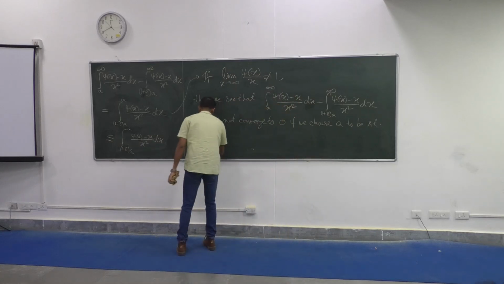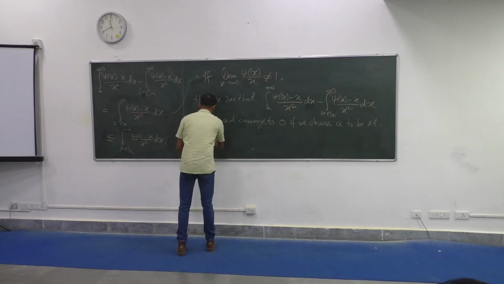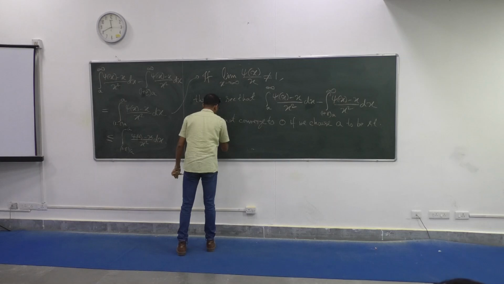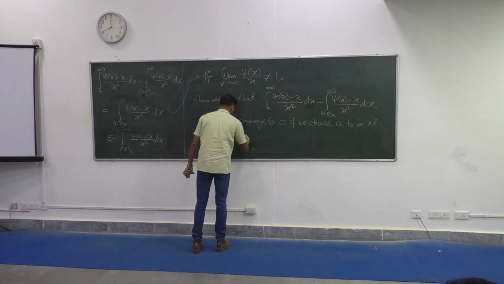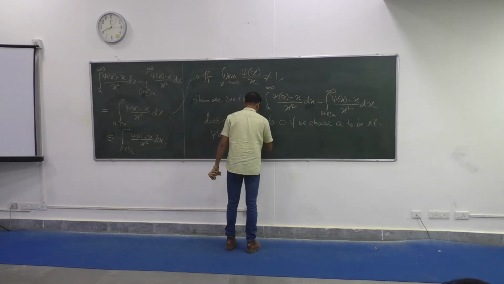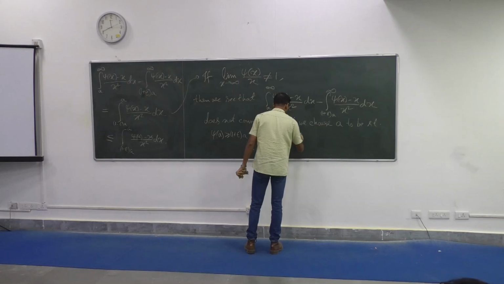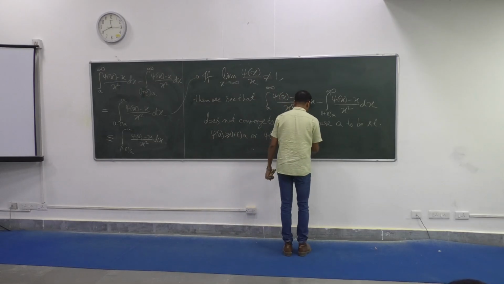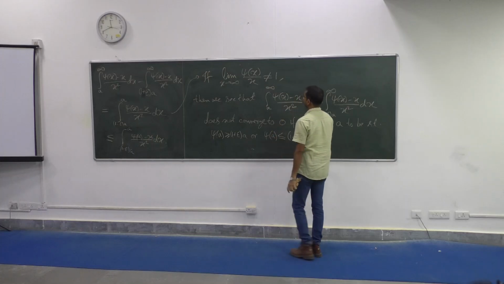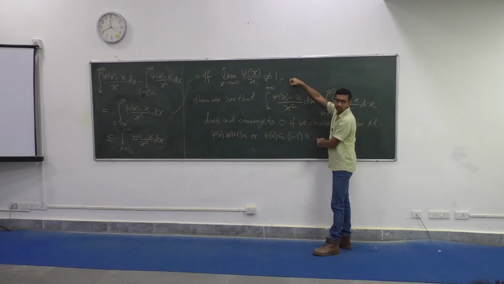So set psi of A is greater than 1 plus epsilon A, or psi of A is less than or equal to 1 minus epsilon. And this inequality guarantees an infinite supply of such keys.